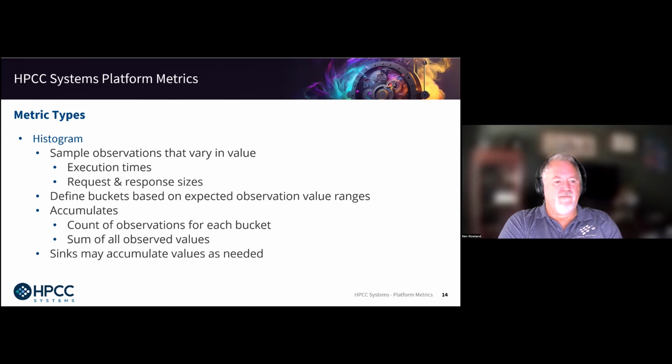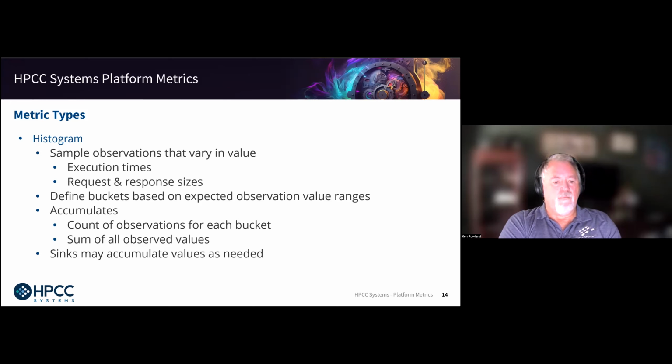Histograms work by defining a set of buckets. These are ranges of observations that you expect to have. As those observations are recorded, it picks the bucket where that observation falls and then increments a count. It also accumulates the count of all observations and the sum of all observed values.